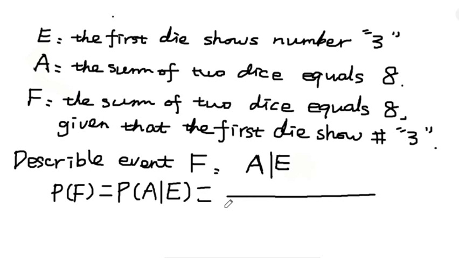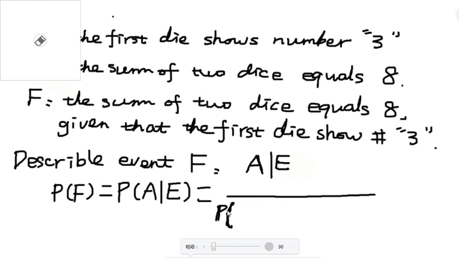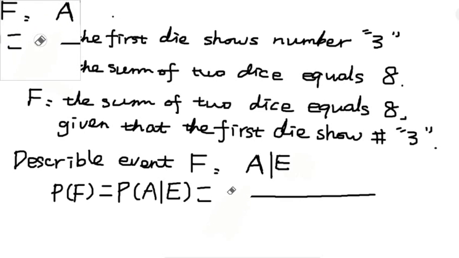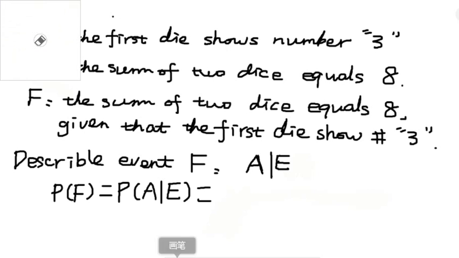And we assume equally likely outcomes. Given the event E occurs, I will explain later why we get this final answer. We check that event E has 6 outcomes with the first number being 3, right?